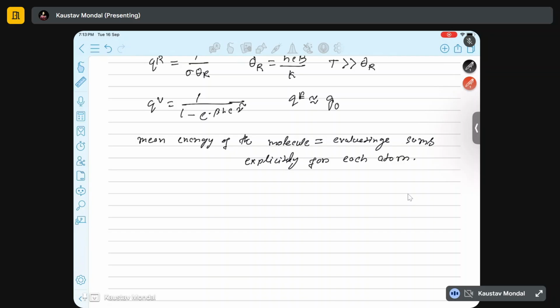So for each contribution, basically the total mean energy of the molecule will be the sum of the mean energy of each contribution.